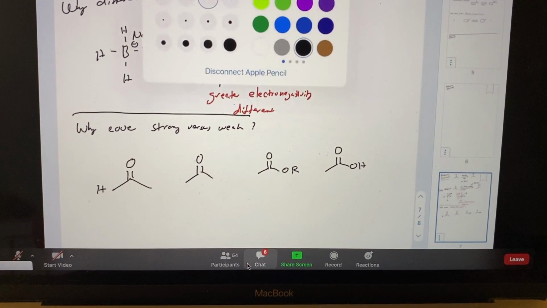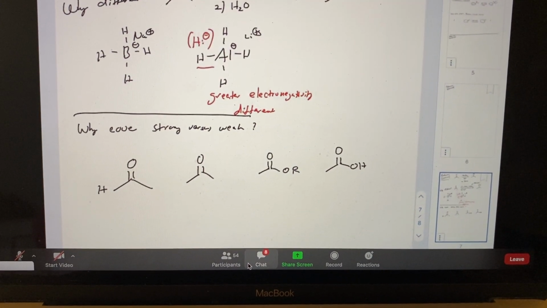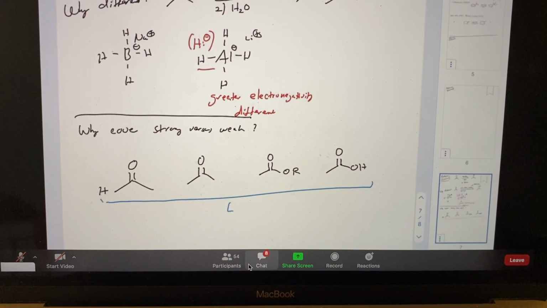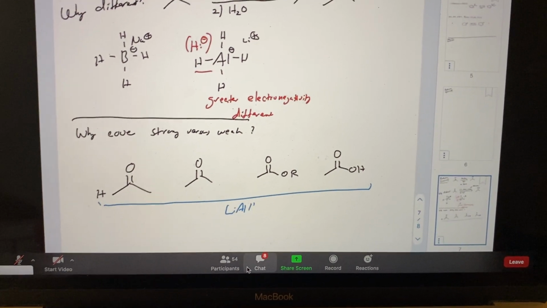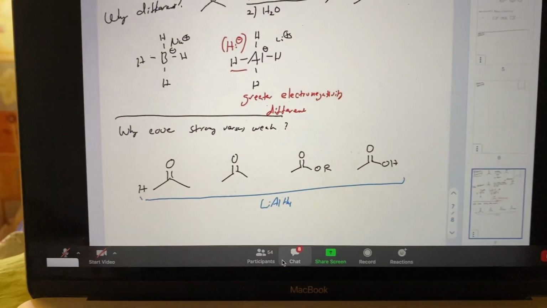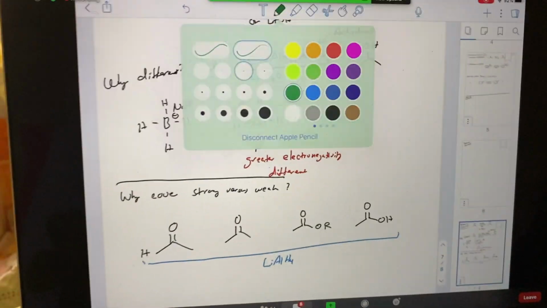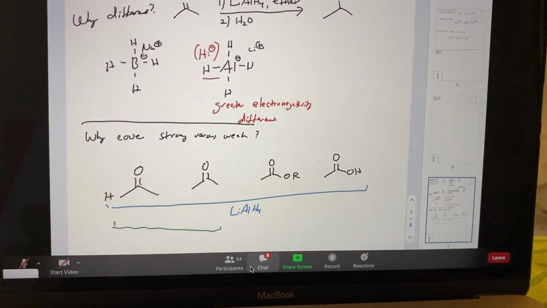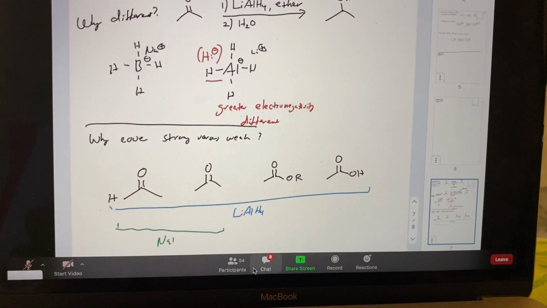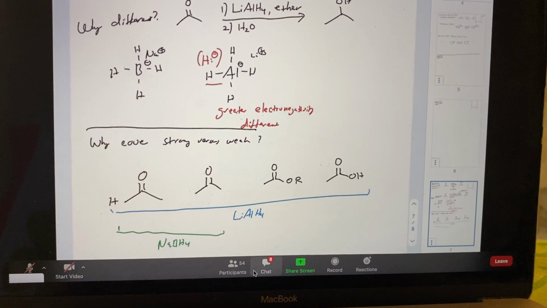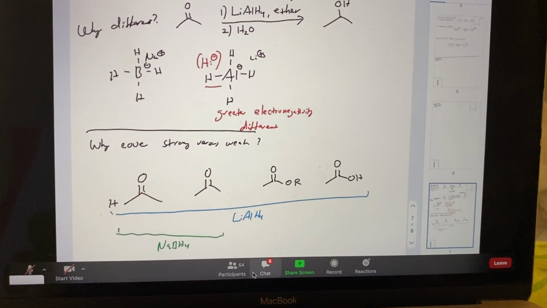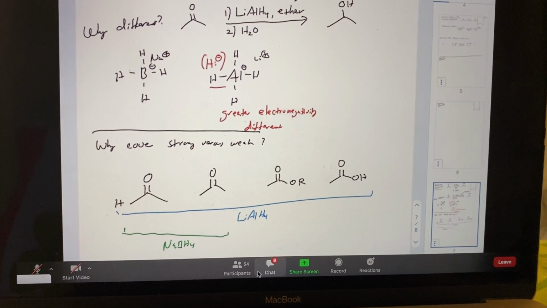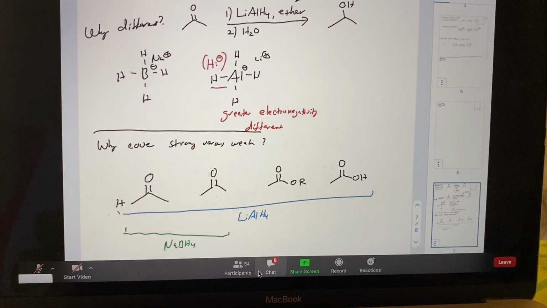However, what you'll notice is that lithium aluminum hydride reduces all of these compounds. However, the weaker sodium borohydride will only reduce aldehydes and ketones. So if you have an aldehyde or a ketone that you want to reduce, it doesn't matter which compound you're going to use.